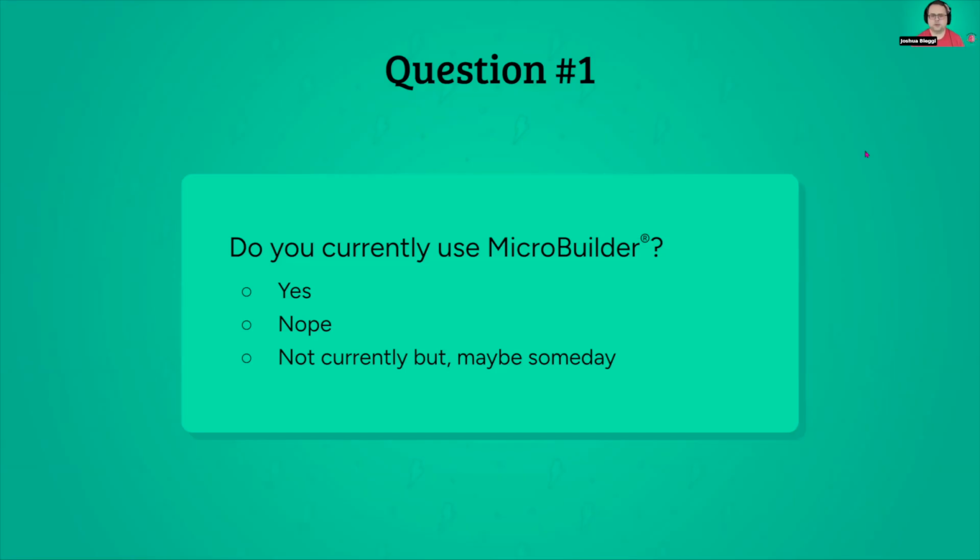Feel free to answer that, and in a quick minute we will show those responses. Okay, here we go. Responses are a lot of nopes and not currently, but maybe some days. Okay. Got a few people that are currently using it. Fantastic. So hopefully this will have a little something for everybody for you to see on the tool here.